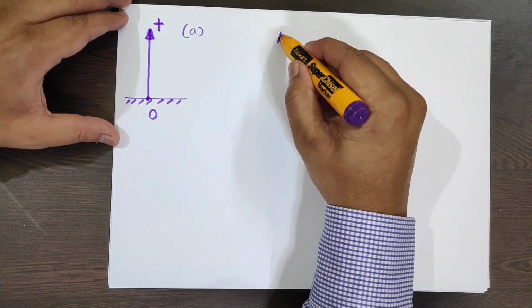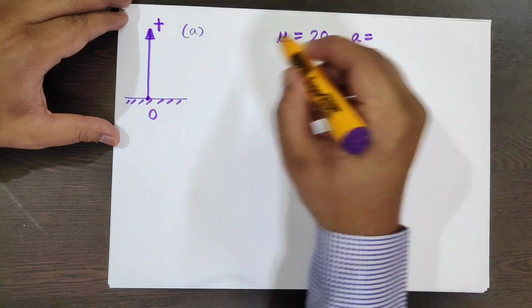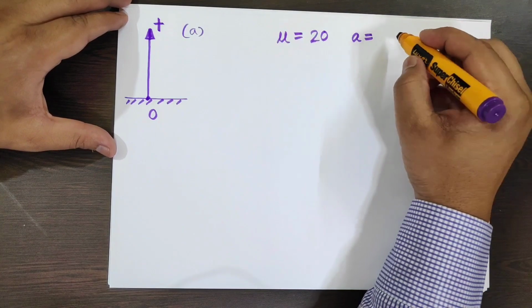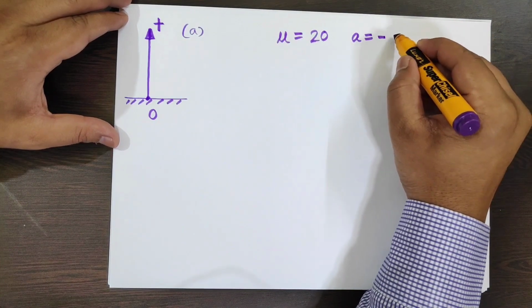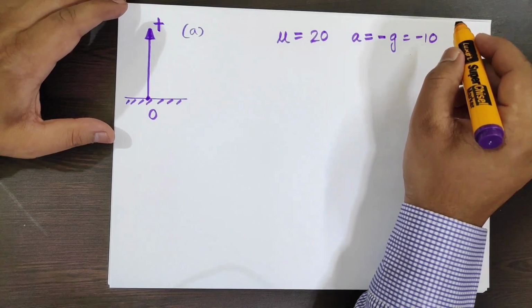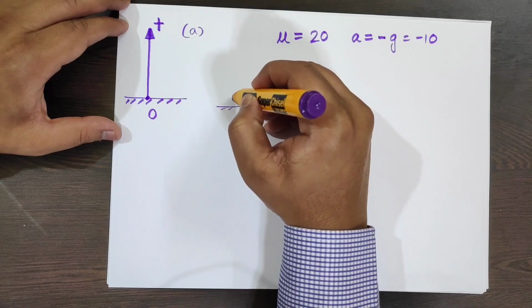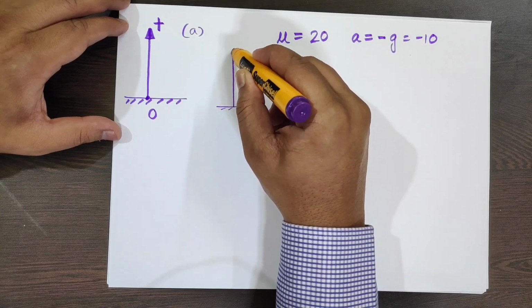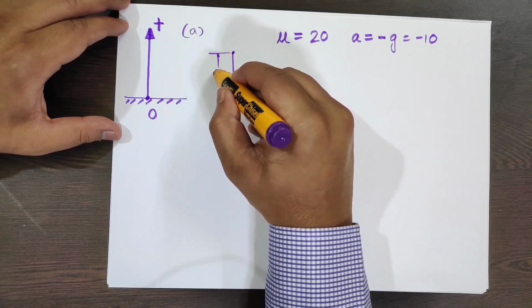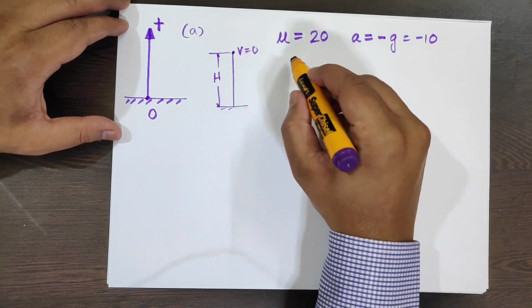So there it is, u is 20 and, as I have chosen the direction upward positive, a is minus g, or that is minus 10. Okay, so time to reach maximum height. When it reaches the maximum height, its velocity is equal to 0.